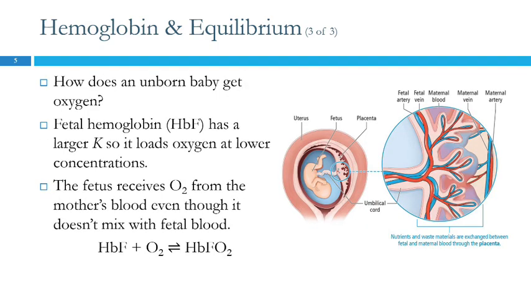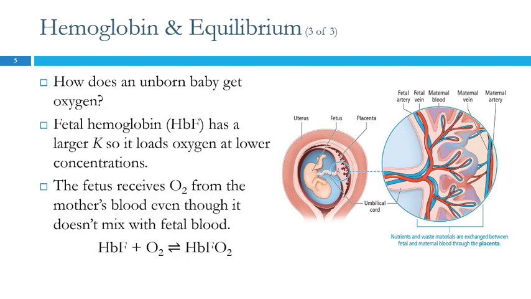How does an unborn baby get oxygen? Babies have a special kind of hemoglobin called fetal hemoglobin, and it has a larger equilibrium constant. So it's going to load oxygen at a lower concentration. So we have the mother's blood and the baby's blood, and they do not actually mix.